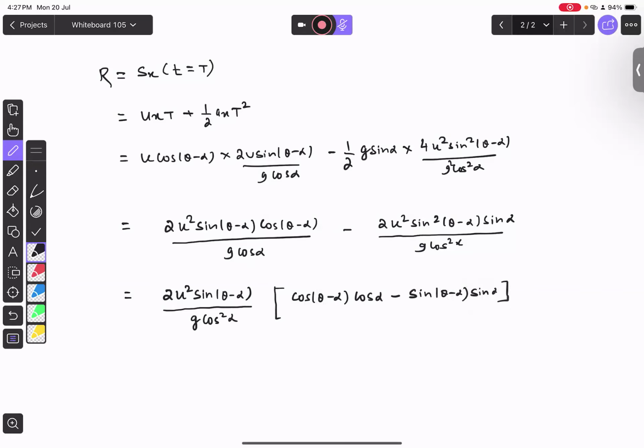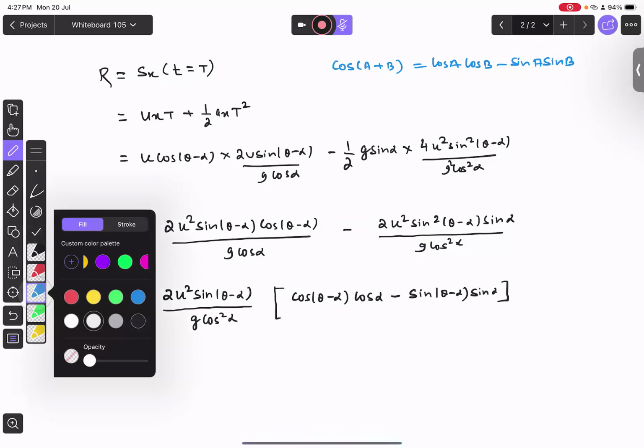And that is fitting this formula, no? Cos A plus B is equal to cos A cos B minus sin A sin B. So I'll be using that formula in reverse: cos A cos B minus sin A sin B is equal to cos A plus B.